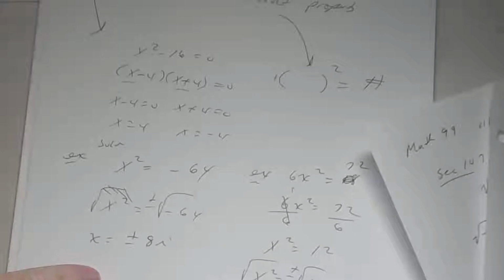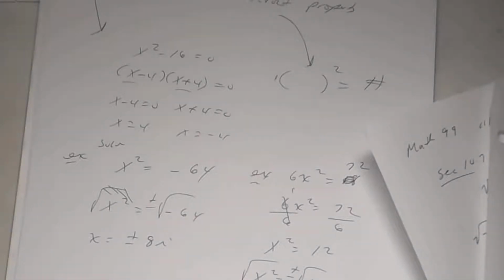What's the square root of 4? 2. So the answer is plus or minus 2 square root of 3.